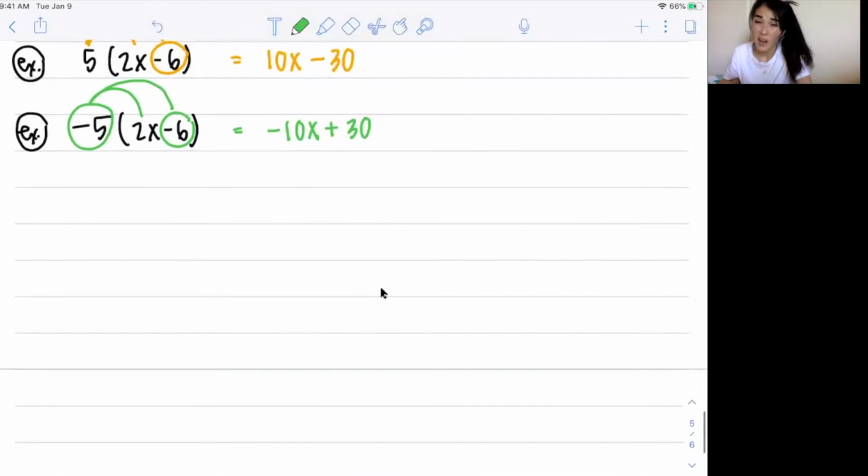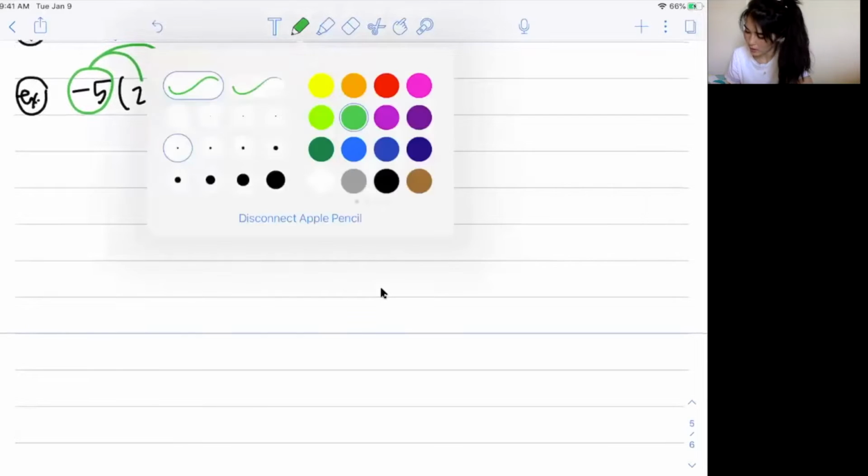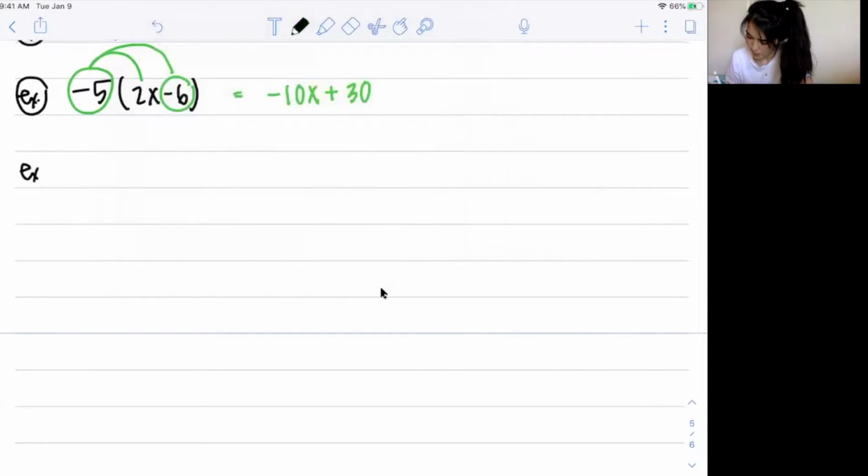All right, now why I point this out to you guys though is because you'll start to see things that look like this. Let's say we have 2x minus 3, and then parentheses 4x plus 7.